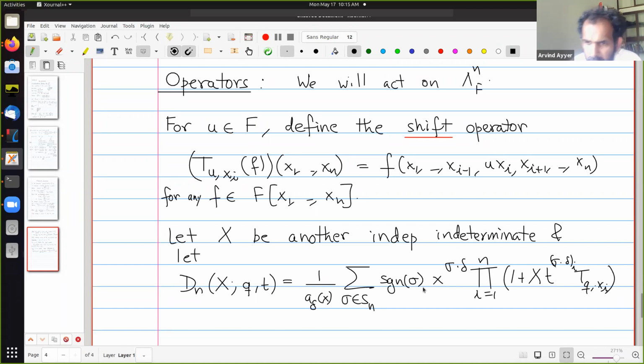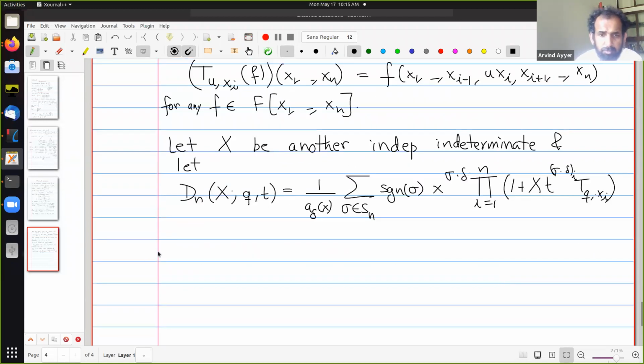We will take the limit at an appropriate point. So what we are doing is taking this signed sum over all these shift operators, and we are multiplying by X because we want to extract coefficients of X at a later point. Remember delta is the staircase partition (n-1, ..., 1, 0).